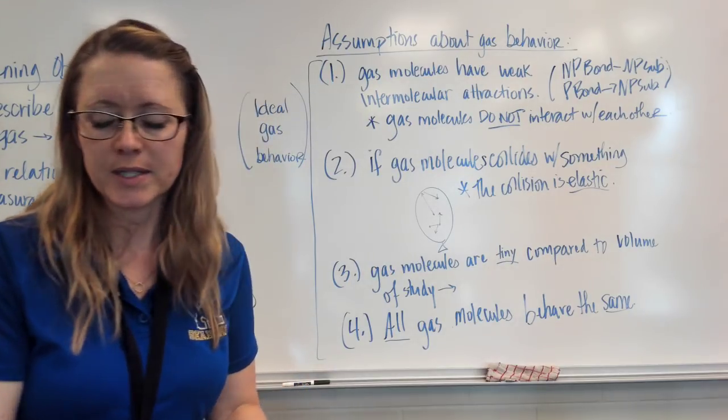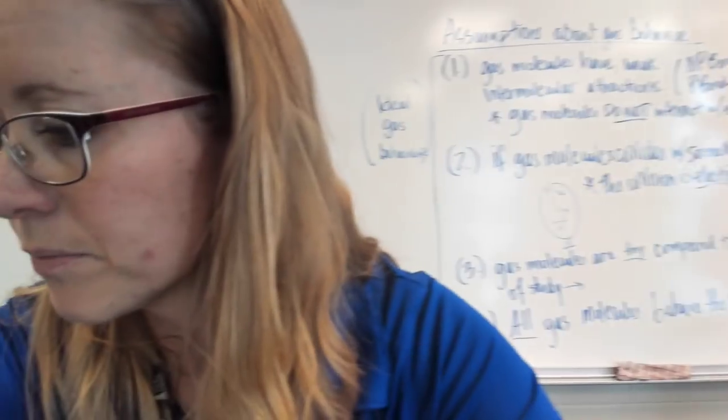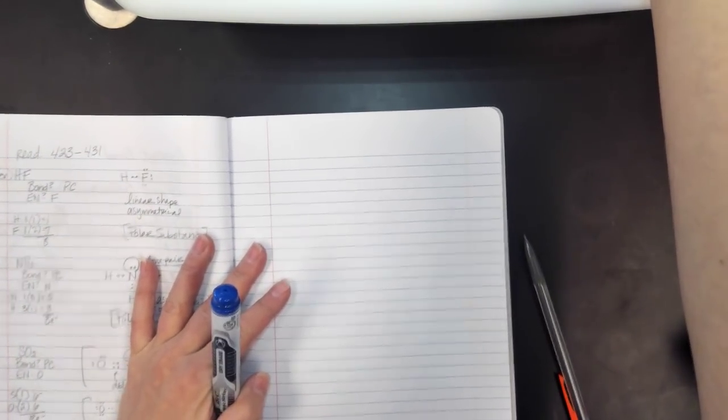So let's head to our science notebooks. I'm going to pull you back over here. In our science notebook, we are going to write down Boyle. I'm going to zoom you in a little bit so you can see what I'm writing.